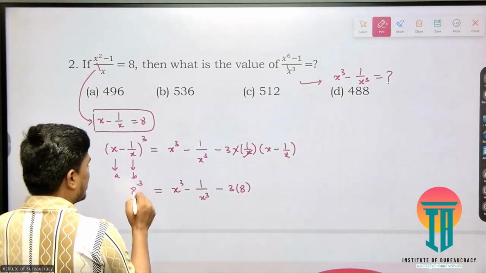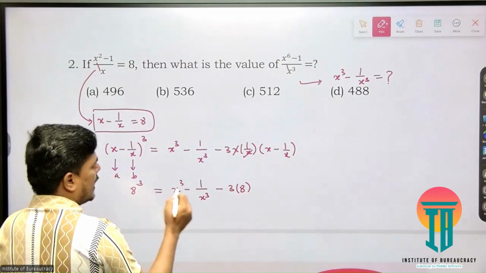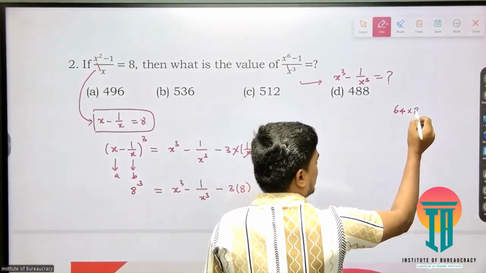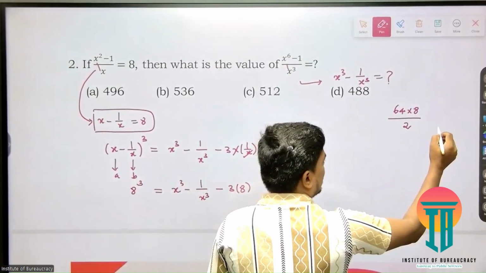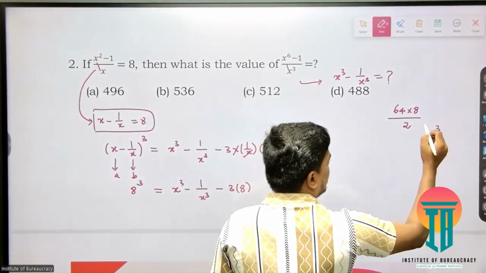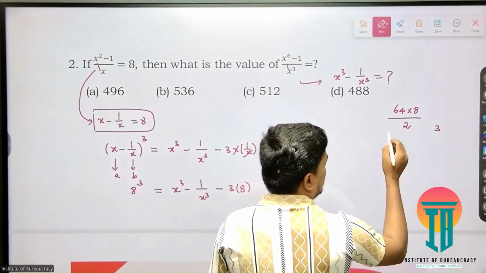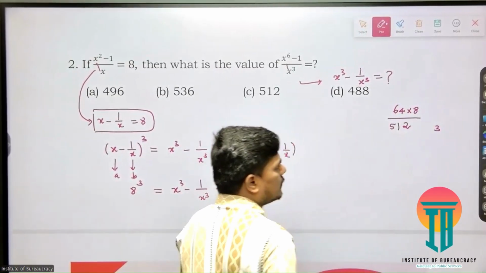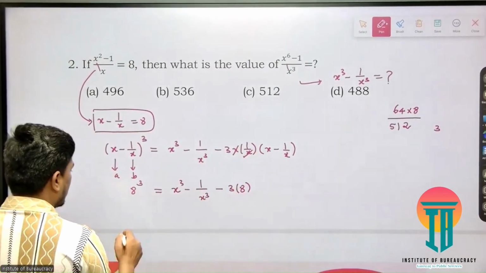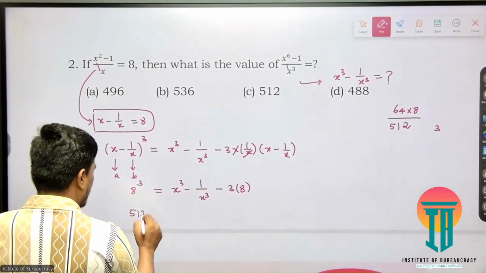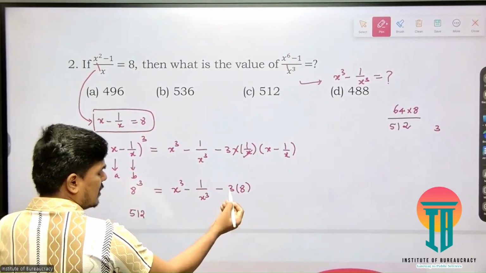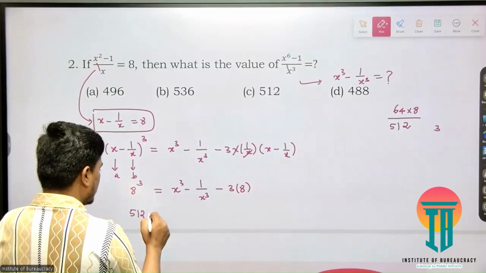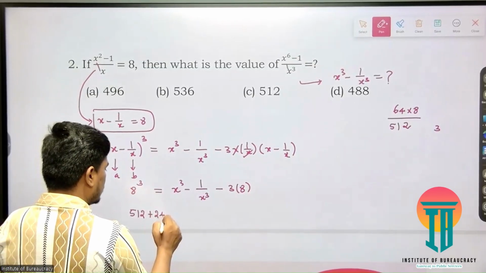Now 8 power 3 means 64 into 8, which is 512. So we have this value as 512. Then bring this: minus 24 becomes plus 24 when you bring it this side.